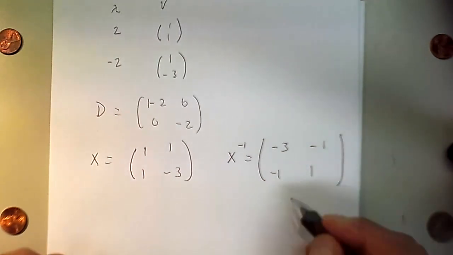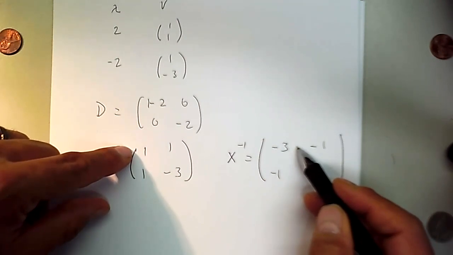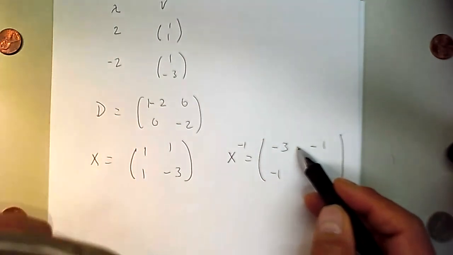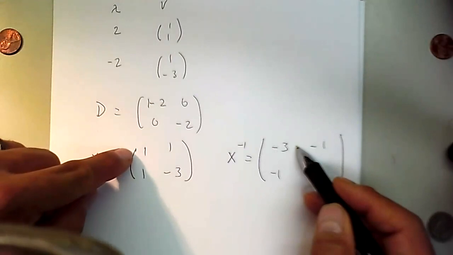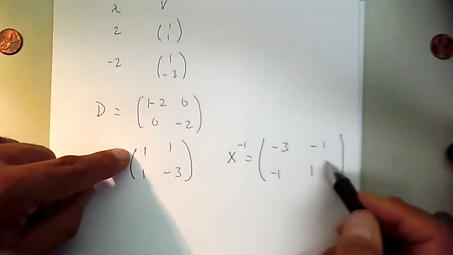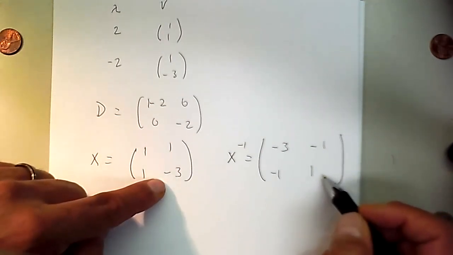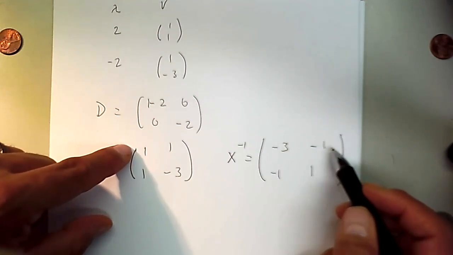Is that the inverse? Let's see. If we multiply, we end up with -3 minus 1 is -4. Okay, let's keep that in mind. On the other diagonal element, we got -1 minus 3, that's -4. So those two are consistent when we multiply.